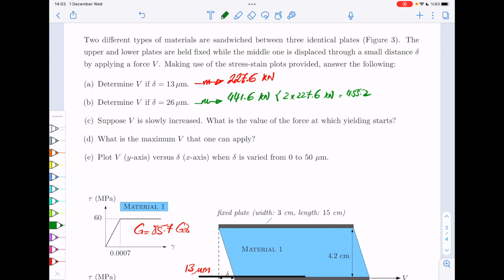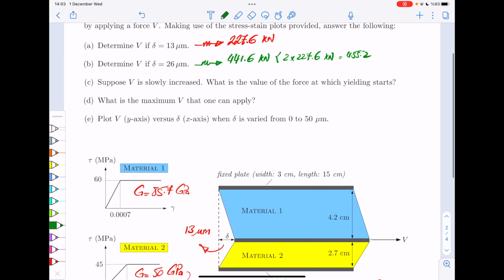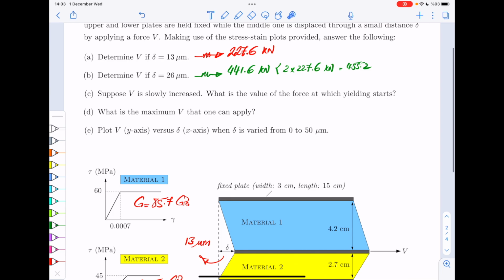Now, suppose that you slowly increase this V. What is the value of the force at which yielding starts? Okay, so here is the question. Remember, if we apply 227.6 kilonewton, we know it's fully elastic.